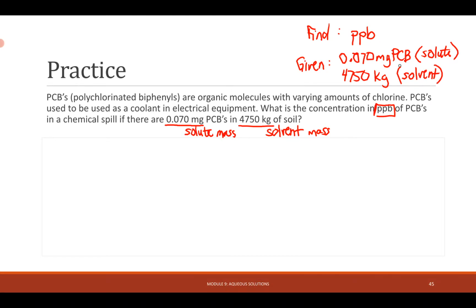So this sounds like I'm just going to be using that definition of what ppb is because I'm asked to calculate it. If I have my ppb definition written out, then that would be my mass of solute divided by my mass of solvent, and then I would be multiplying by 10 to the 9th. I have both the numerator and the denominator, so I can go ahead and plug those in.